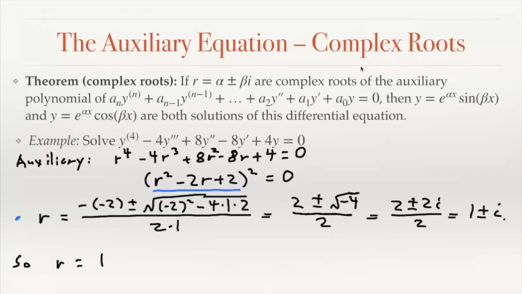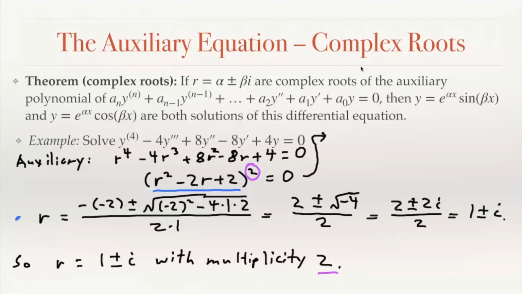So r is 1 plus or minus i, but with multiplicity 2 due to that. And in fact, if one fully factors this, it would factor as r minus 1 plus i all squared times r minus 1 minus i all squared is 0.